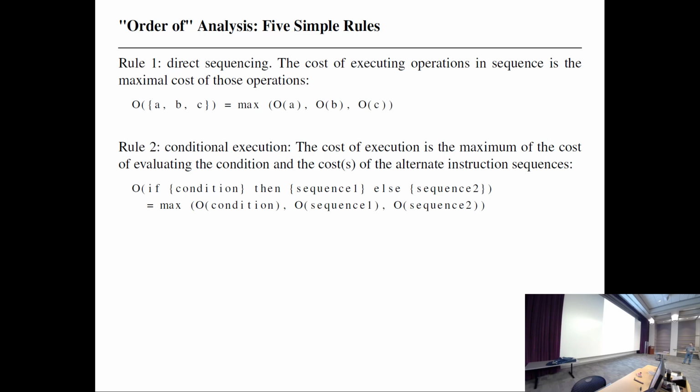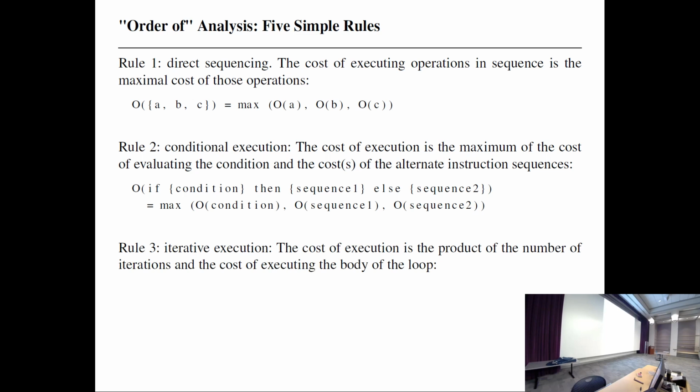In other words, you have 2 paths through this conditional statement. If the condition is true, you'll do sequence 1. If the condition is false, you'll do sequence 2. This simply says pick the most expensive one. So this is a natural sequitur to the first rule. In the first rule, you have 3 things to do, and the cost is the worst of the 3. In the second rule, you're going to do either these 2 things or these 2 things, and it says the cost is the worst. Okay? So that's rule 2.